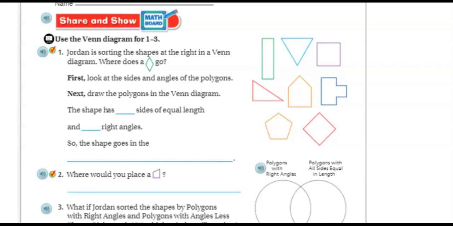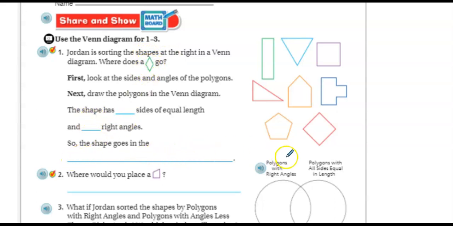So we're looking for, how many sides are equal? It looks like 4 equal sides, so it's actually not a diamond, it's a rhombus. And then how many right angles? If we look at it, none of these are right angles. So it has 0 right angles.